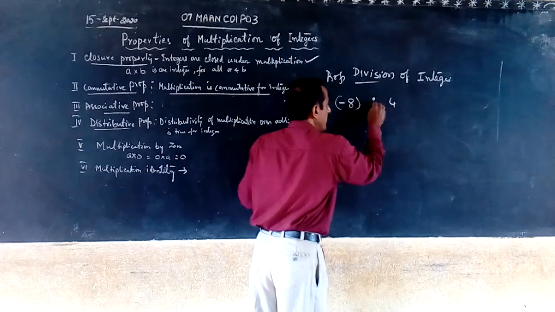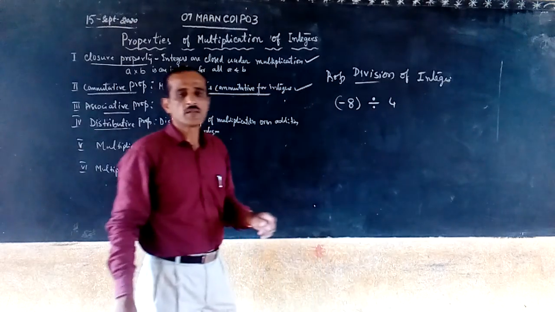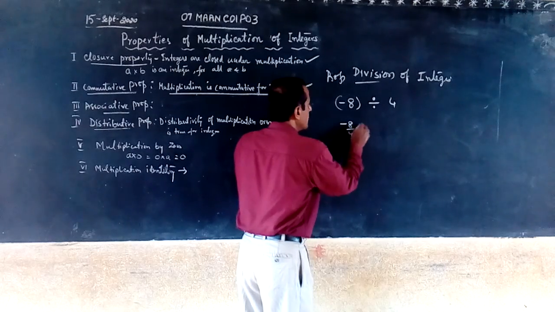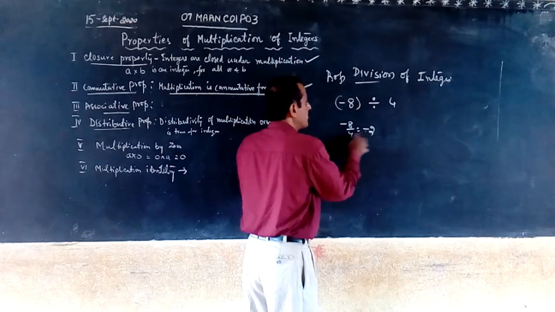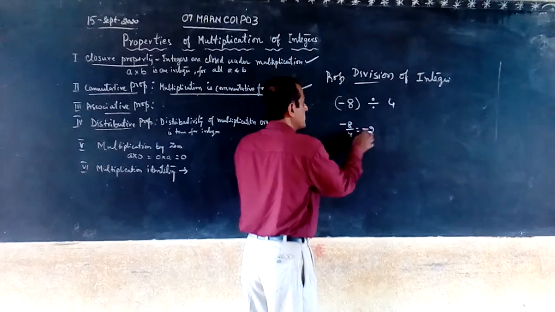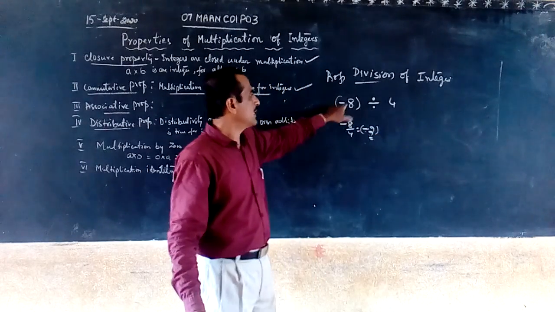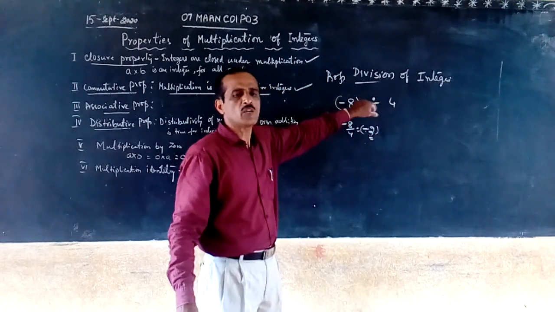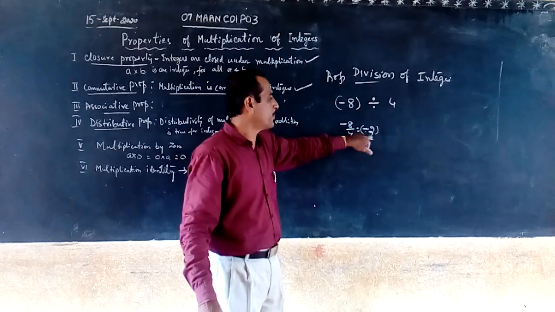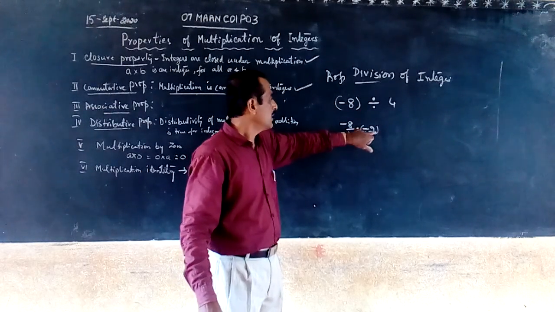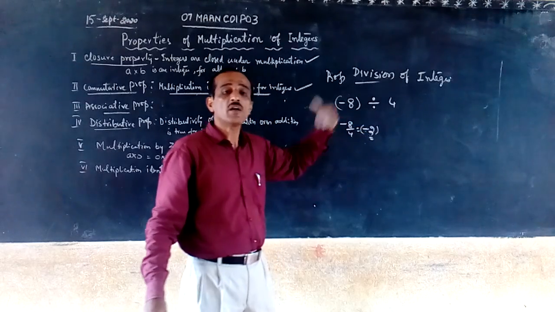If this is divided, what is the answer? Minus 8 divided by 4 is equal to minus 2. Minus divided by plus is equal to minus. So we can say if any two integers, positive or negative, are divided, the quotient is an integer. Okay, but it is not in all cases.